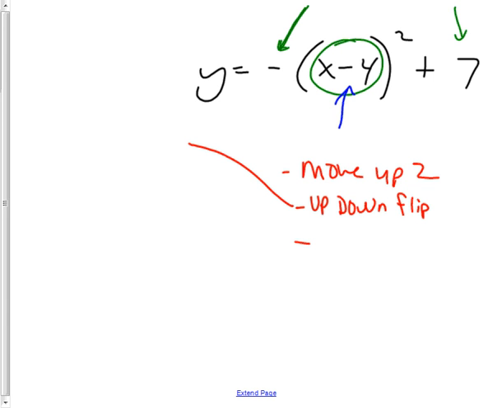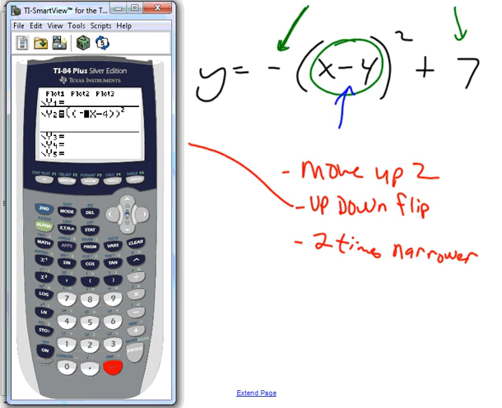And the third thing I want you to do is make it 3 times narrower. Actually, that's going to be a hard one to do. I'm going to say 2 times narrower. So type that on your calculator, and in a second, I will have you compare yours to the person in front of you or behind you or whatever I tell you.